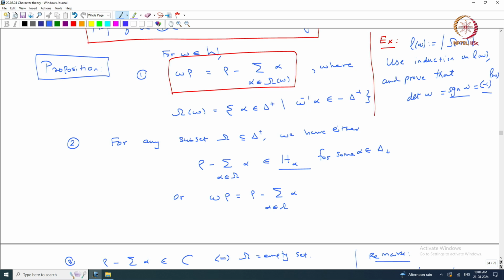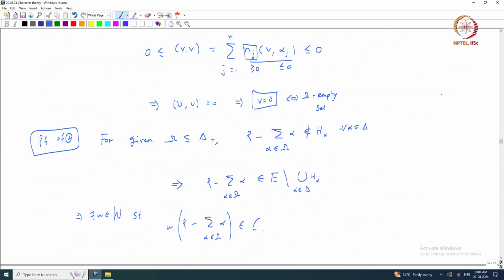If you understand the definition of omega of W, then try to analyze what will happen to omega of W s_i for a given i. Then you make the relation and try to prove that this is what happens.